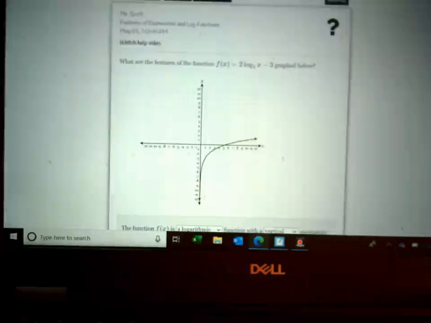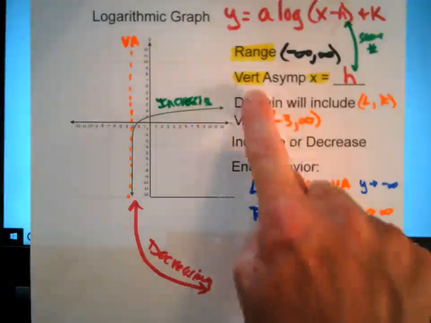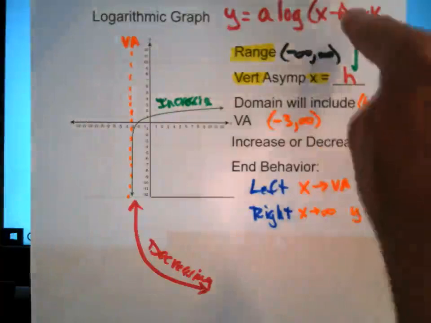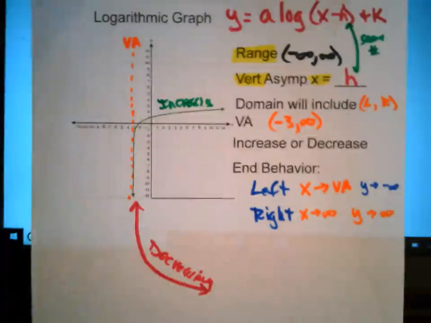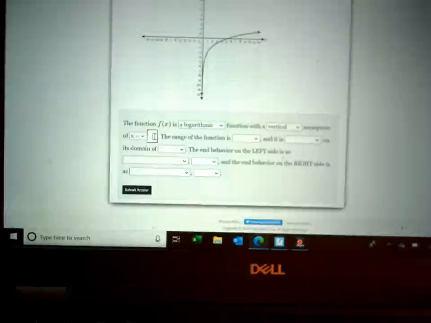So we'll look at our notes, and it says the vertical asymptote is h. H is inside the parentheses. So you'll look at this, and you'll say, Coach Scott, there is no parentheses here. So that value becomes 0. Not O, 0.